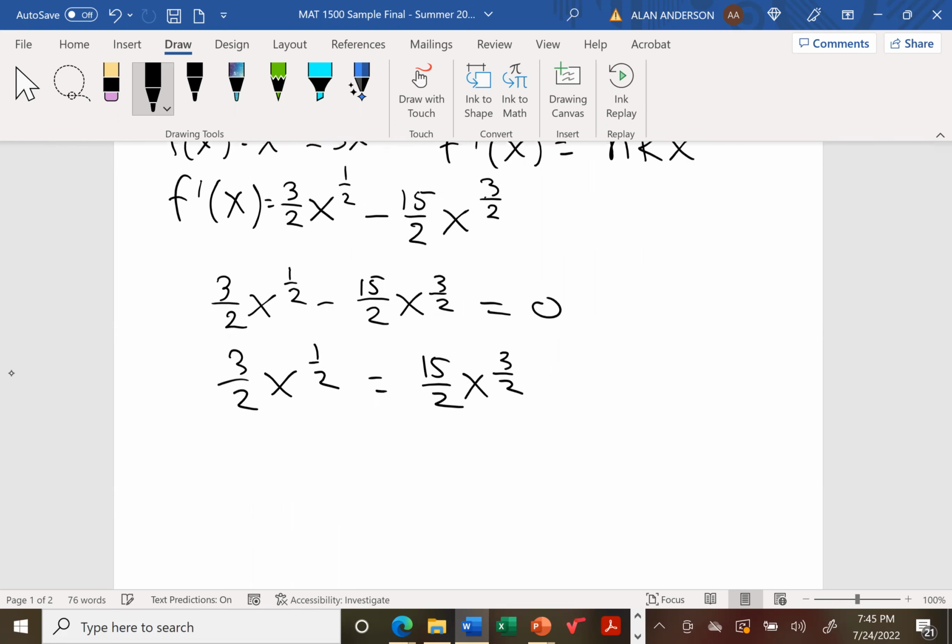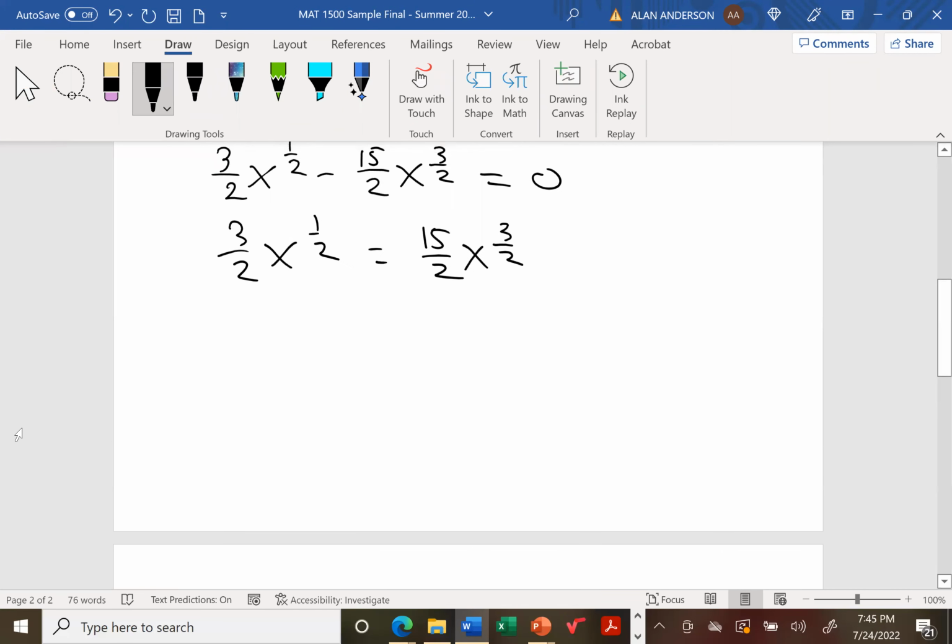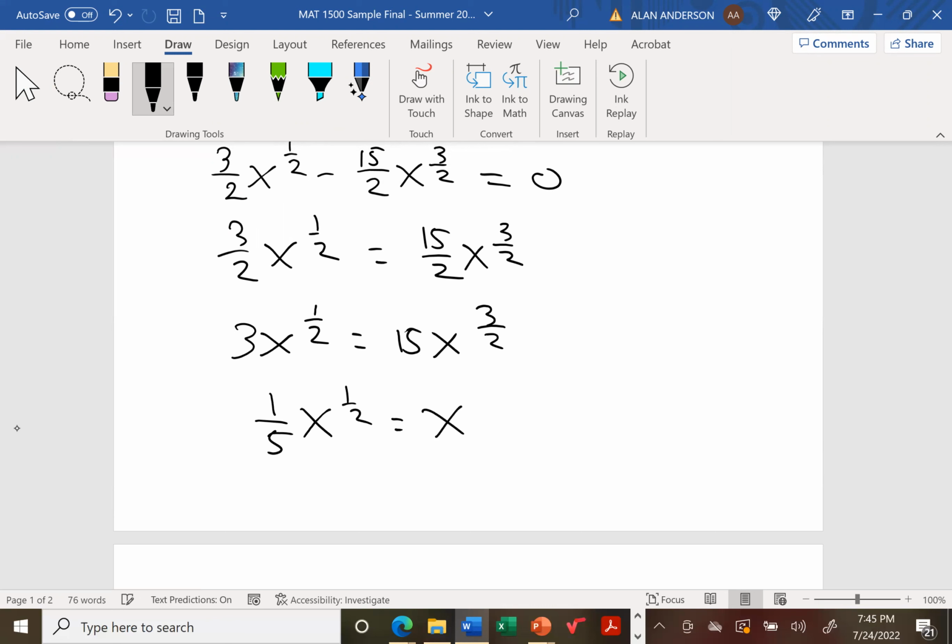What we can do is multiply both sides by 2 to get rid of those halves. So we'll have 3x to the 1 half equals 15x to the 3 halves. And of course, now we're going to divide both sides by 15. So we're going to have 1/5 x to the 1 half equals x to the 3 halves.